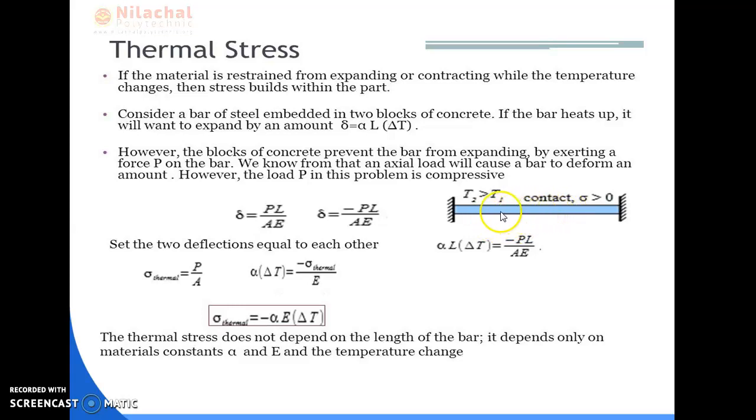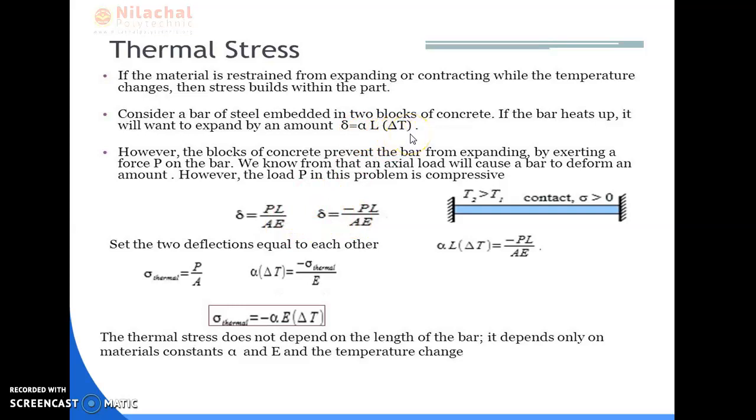Expansion of the bar should take place, but the bar cannot expand because the two ends are fixed. So the bar is effectively contracted back, and as this takes place there is a stress developed inside the material, known as compressive stress, and del L is equal to L alpha del T.